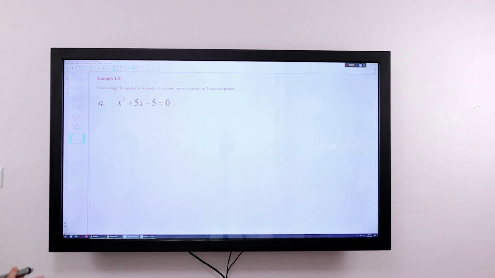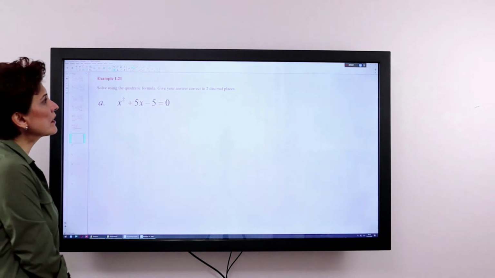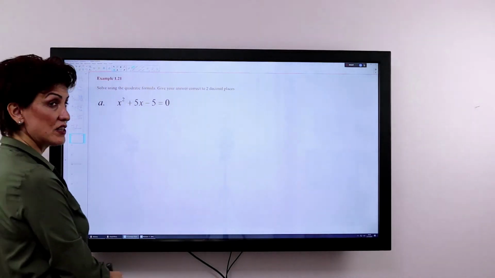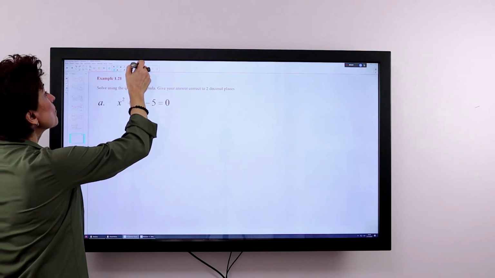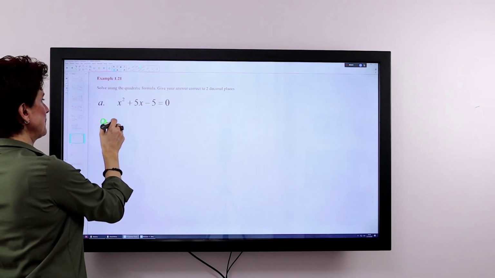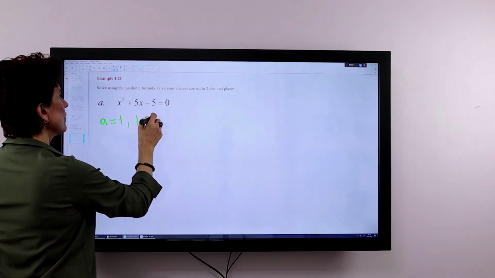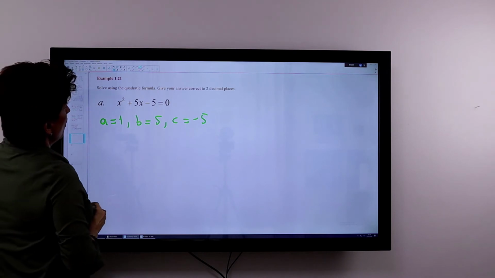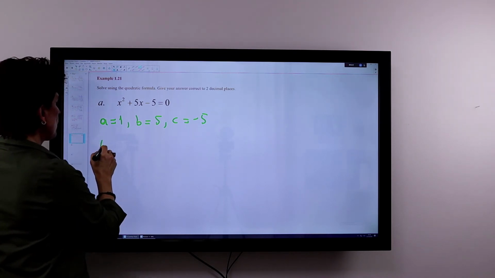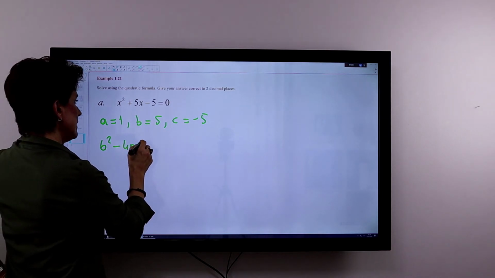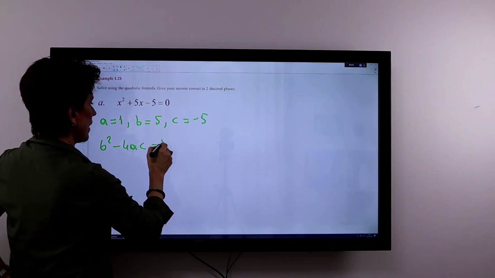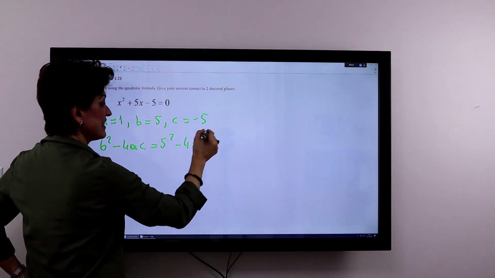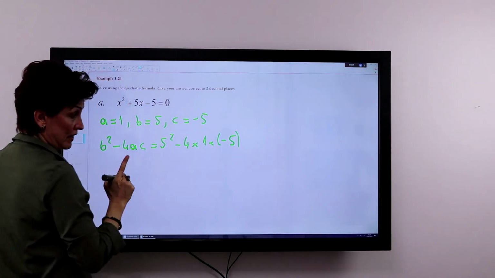Okay, dear students, solve using the quadratic formula, giving your answer correct to 2 decimal places. Let's do it together first, then you can continue. I mean, you can pause me. A is 1, B is 5, C is negative 5. Got it? What is the discriminant here? b squared minus 4ac. What is b? 5 squared minus 4 times 1 times (-5). If you have a negative number, please write it in brackets, so as not to make any mistake.